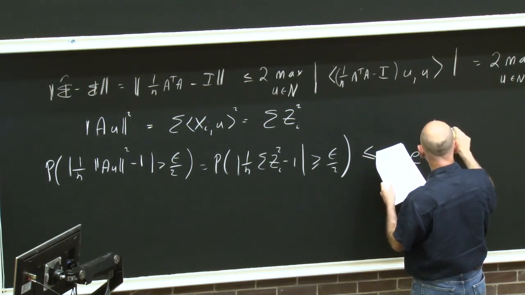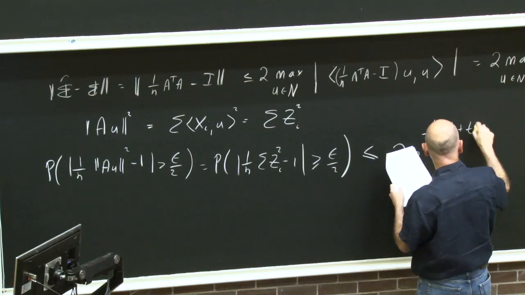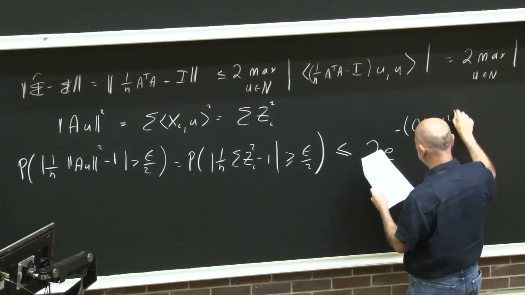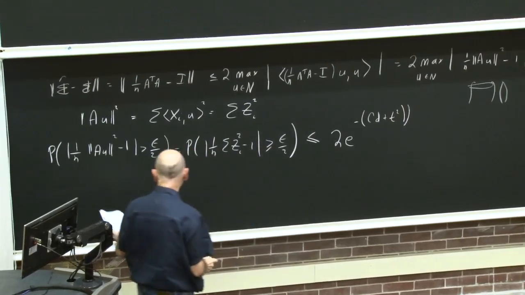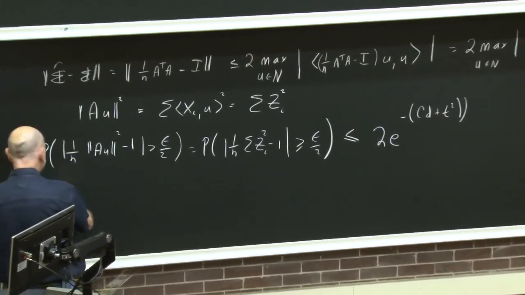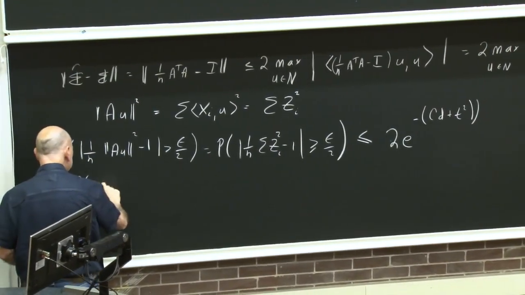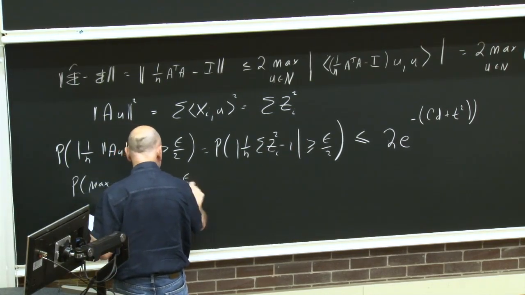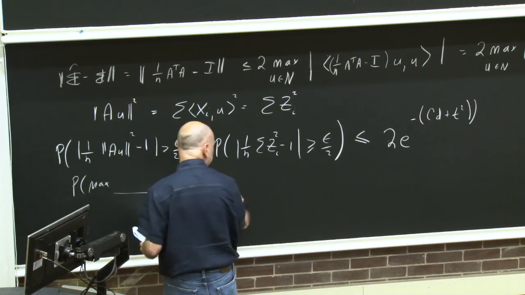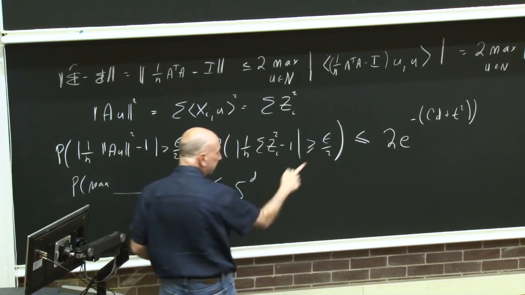e to the c v plus t squared. And then the key is that now the probability that the maximum of all that is bigger than epsilon over 2 is simply less than or equal to 5 to the d times this.